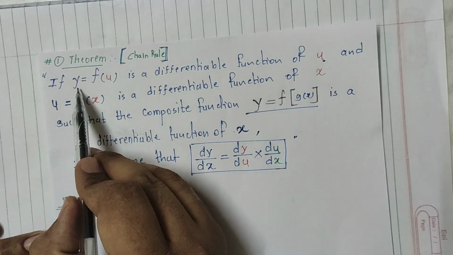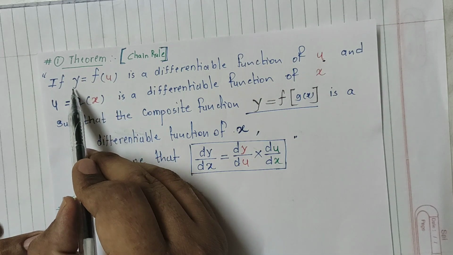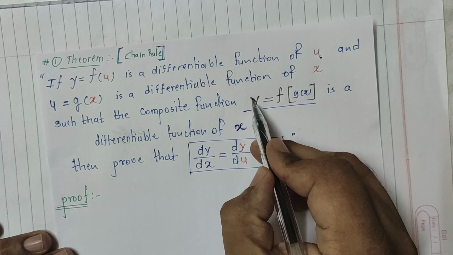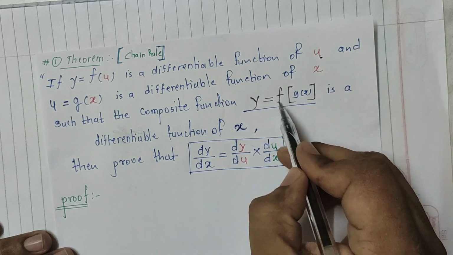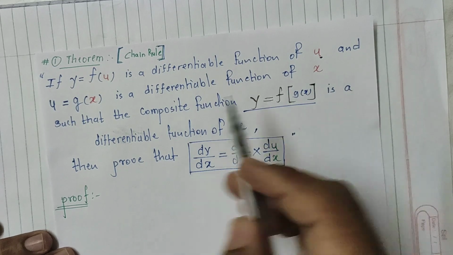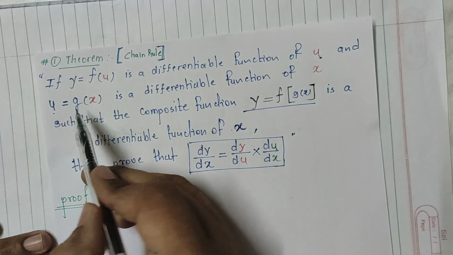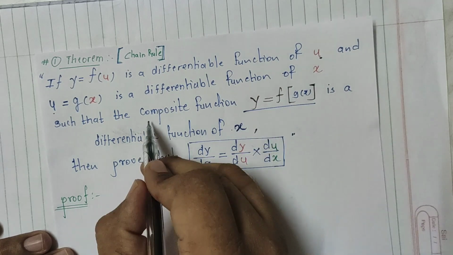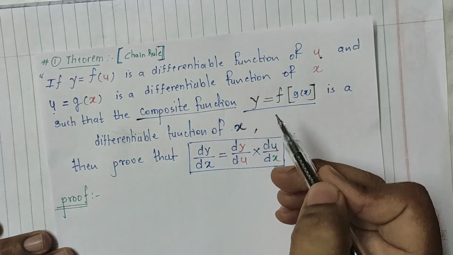Here we see that y is equal to f of u form. What is u? u means g of x, so we replace u by g of x, and it becomes a composite function.